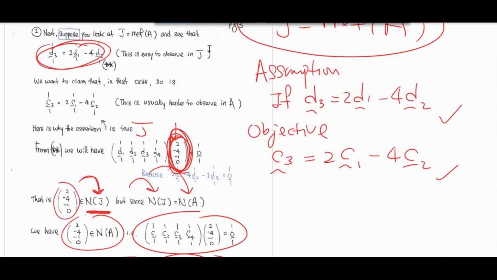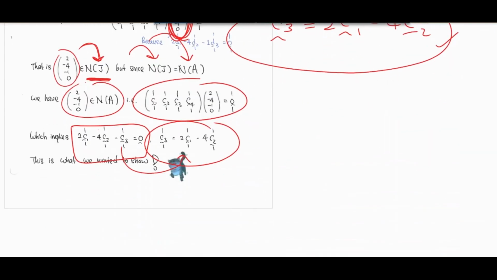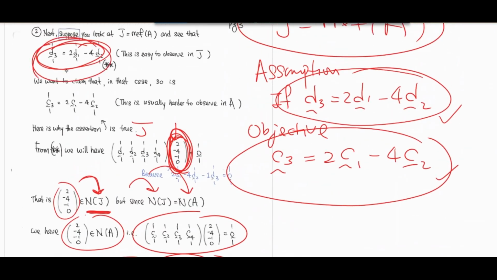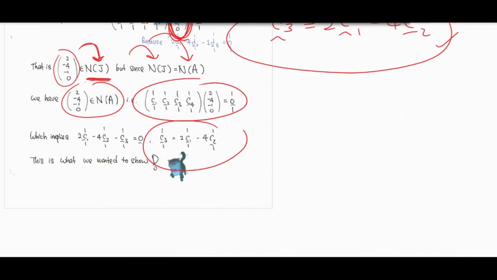If you have this, you will have this. And all of it is because the null space of a matrix and the null space of the REF of the matrix are the same. Once you have that, you will have this relationship among the column vectors of A and the column vectors of the RREF of A.